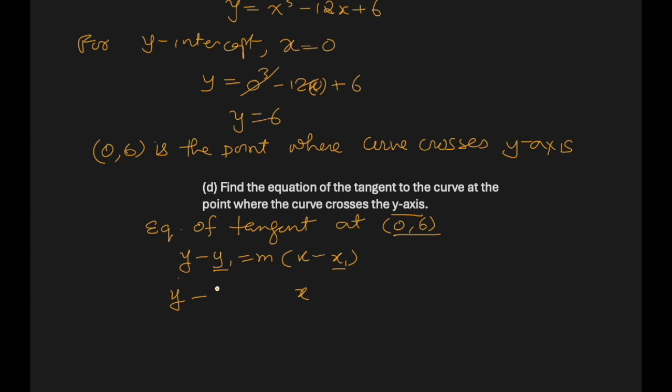So this will be y minus 6, and m is unknown to us. So we'll find m now. M is nothing but dy over dx, and dy over dx at x equal to 0 will be what?